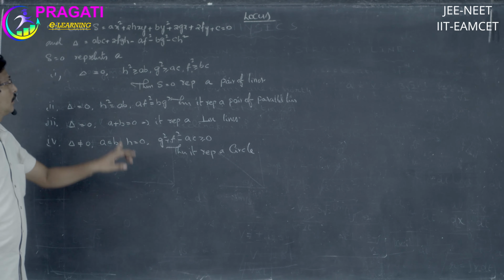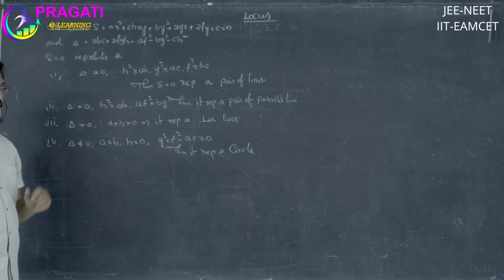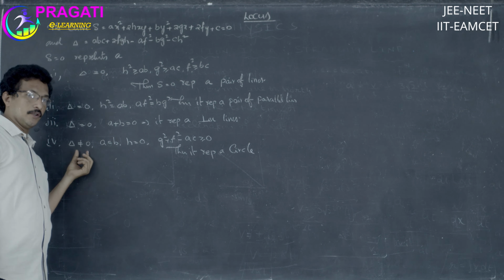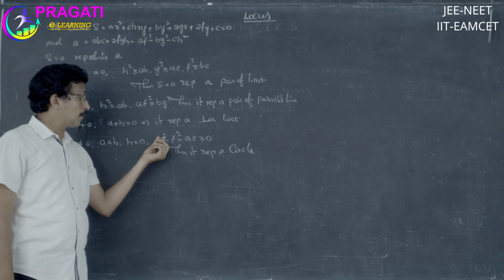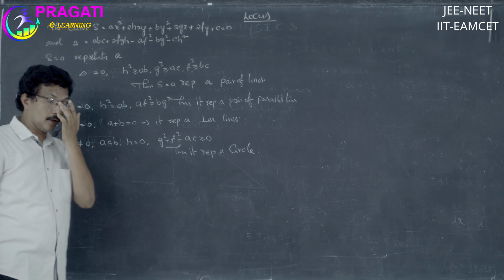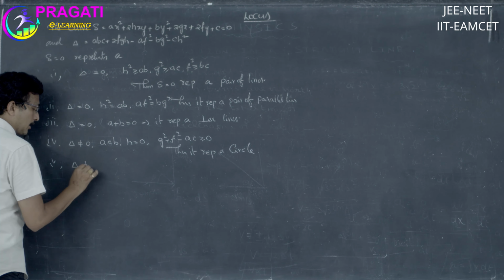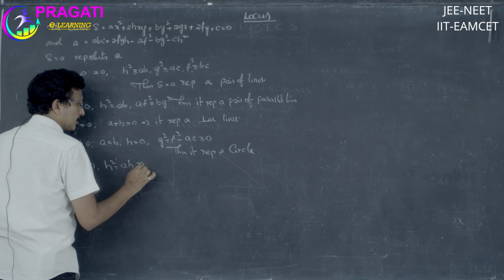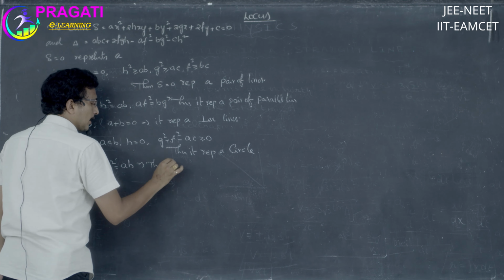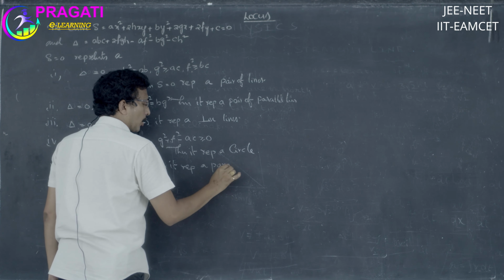Observe that here S equal to 0 represents a circle if it satisfies the condition delta not equal to 0 and a is equal to b, h equal to 0, g square plus f square minus ac is greater than or equal to 0. And one more condition is delta not equal to 0, h square is equal to ab, then it represents a parabola.